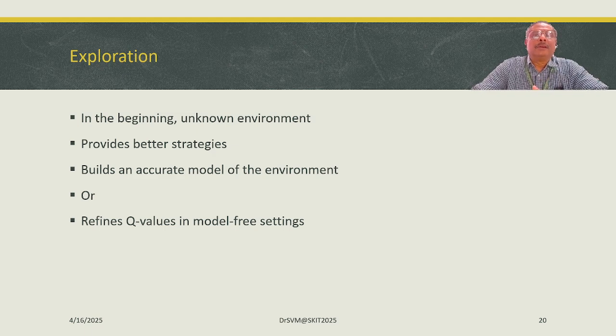Here we explore the environment by taking random actions and try to know what the environment is, and we create a digital model equivalent to the environment. If we are working on a model free system, then we have something called a Q value, and this Q value gets refined as we explore newer and newer possibilities.